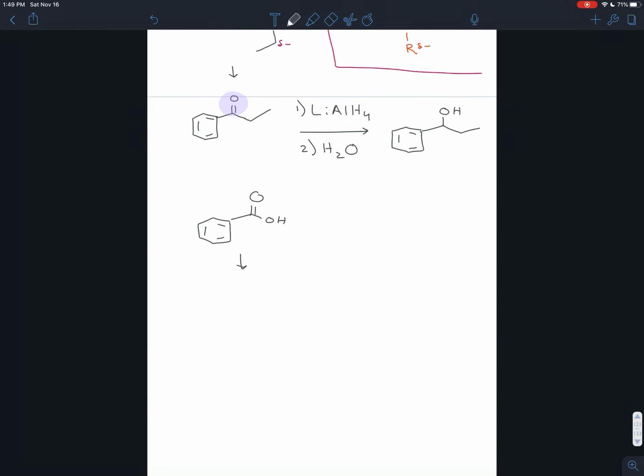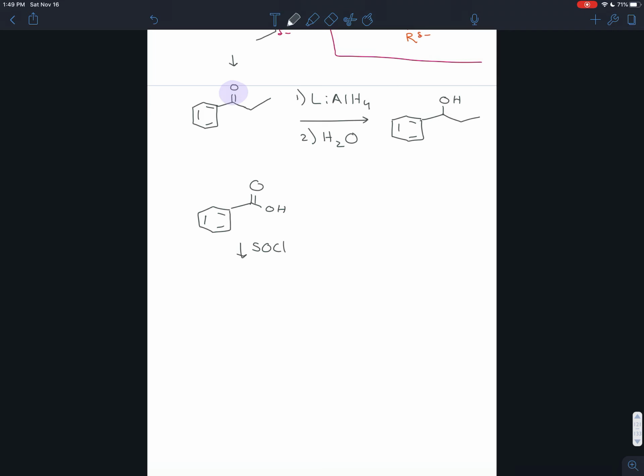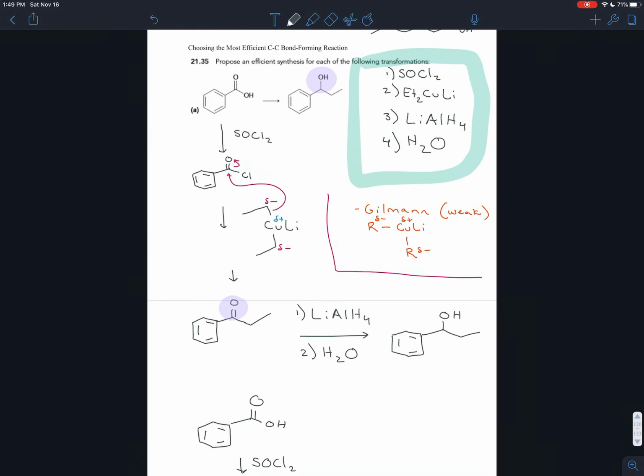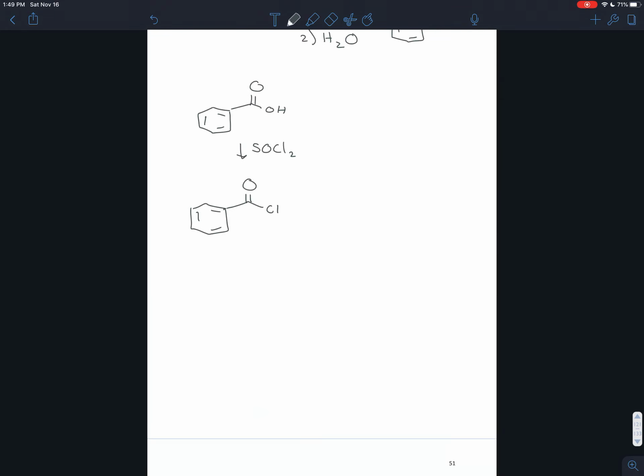You could do the thionyl chloride to turn that into an acid chloride. And you could add a hydrogen first. But just like you used the weak carbon nucleophile, you would want to use a weak hydrogen nucleophile because you only want to add 1 equivalent.